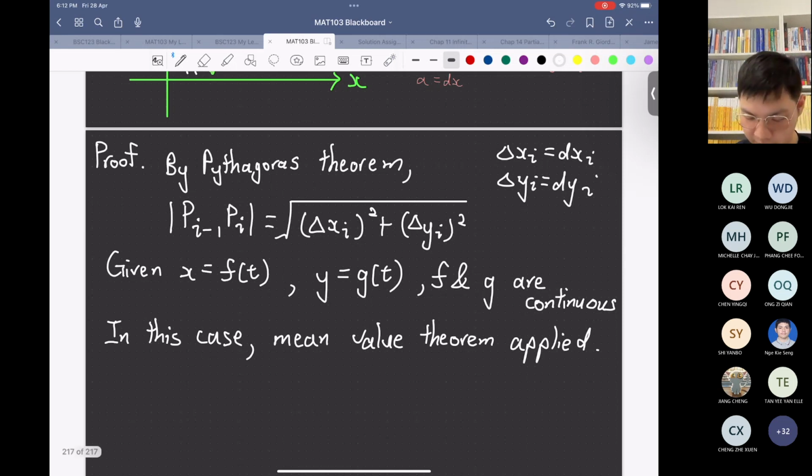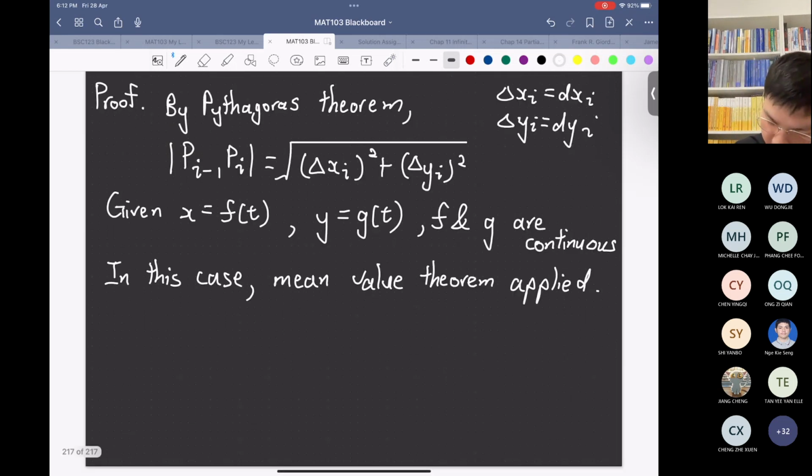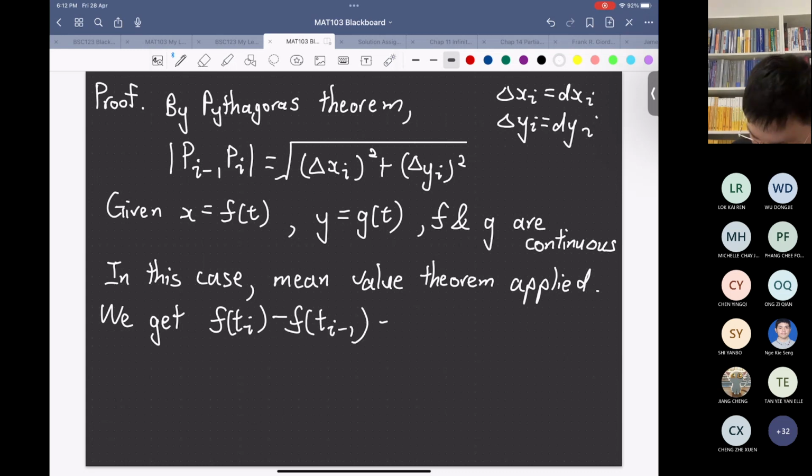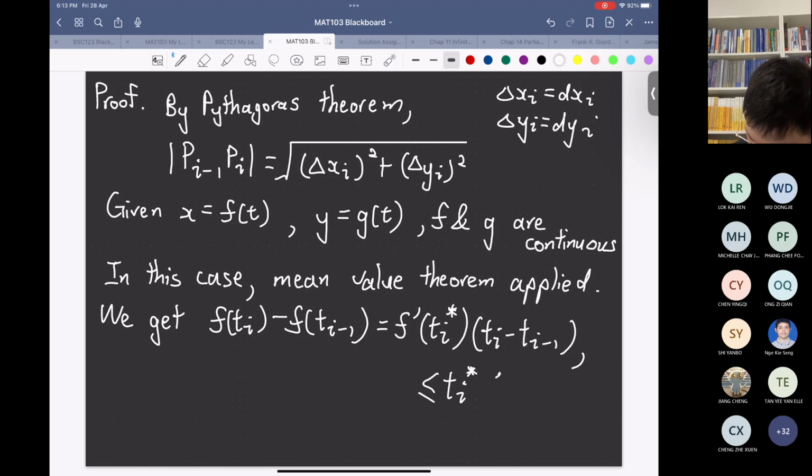For example, we get f(ti) minus f(ti minus 1) equals the gradient f prime at some point, where this point is in between ti and ti minus 1, multiplied by ti minus ti minus 1.